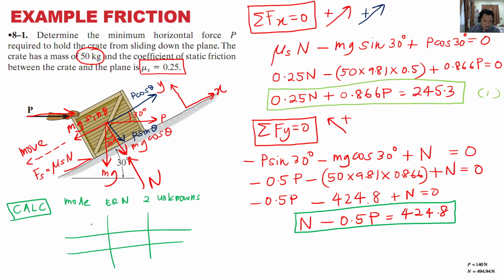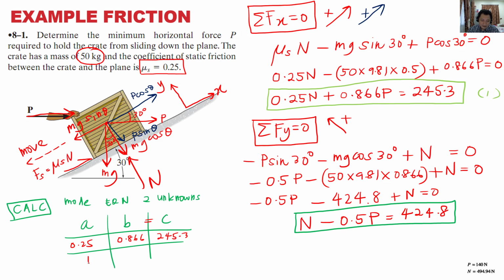It's going to ask you for A, B, C. A will be 0.25, B will be 0.866, C will be 245.3.